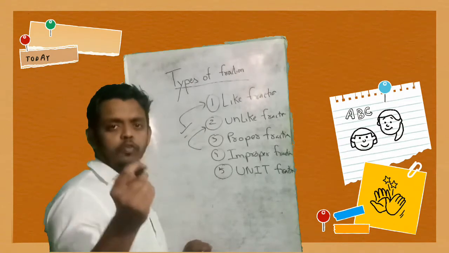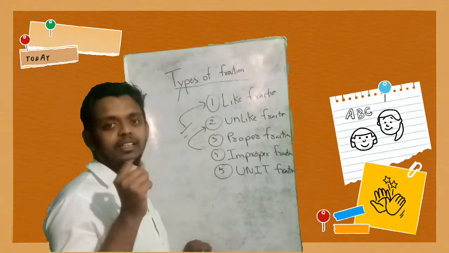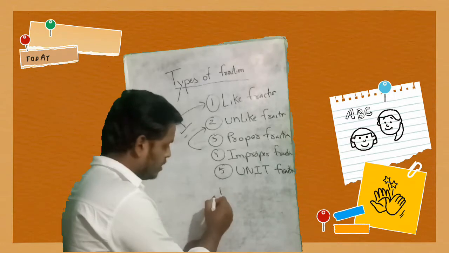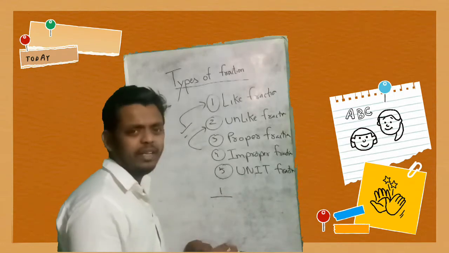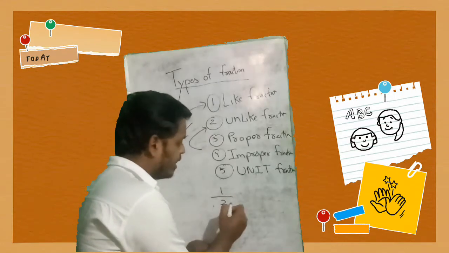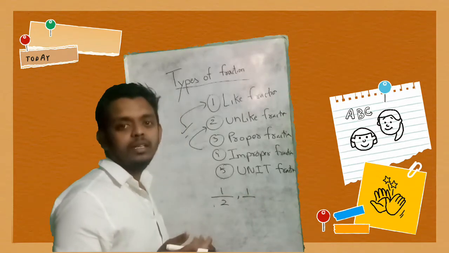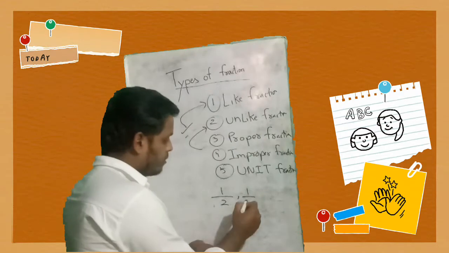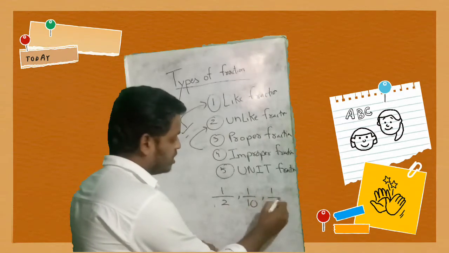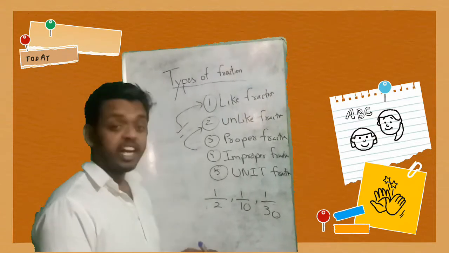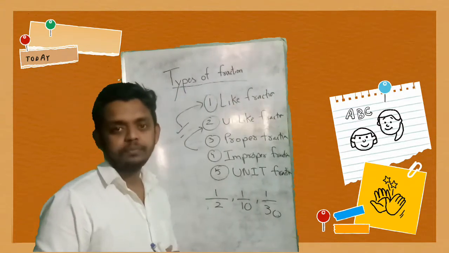If you find 1 in the numerator and any other number except 1 in the denominator, these types of fractions are known as unit fractions.